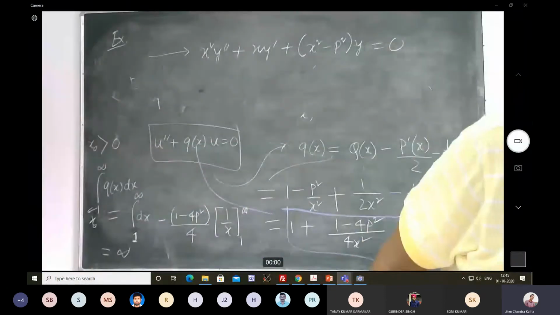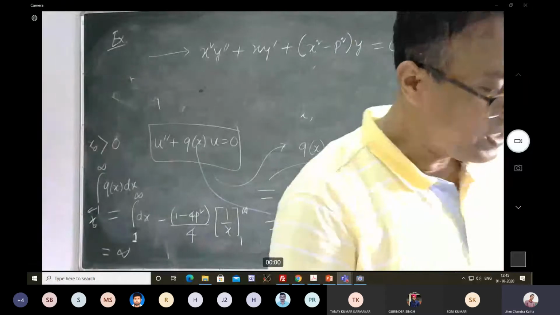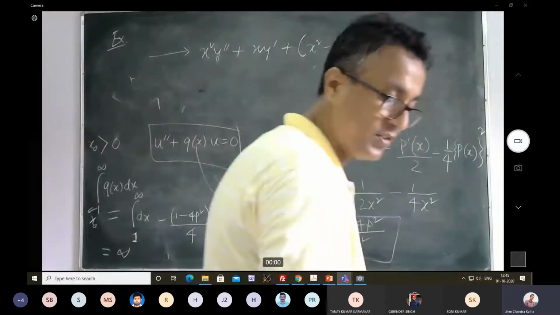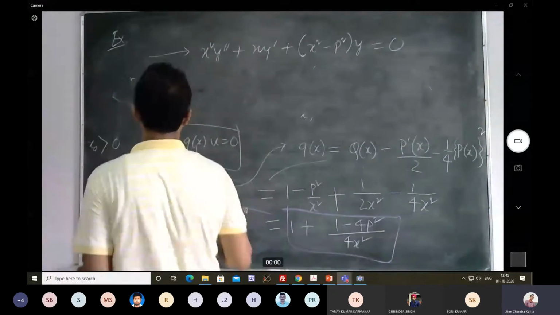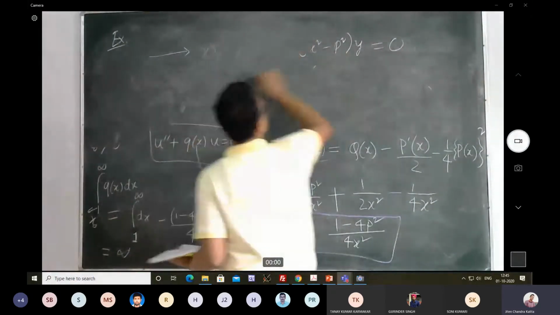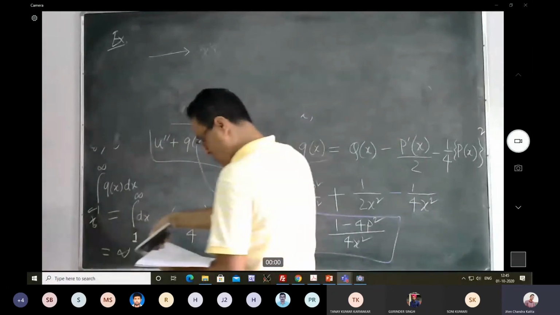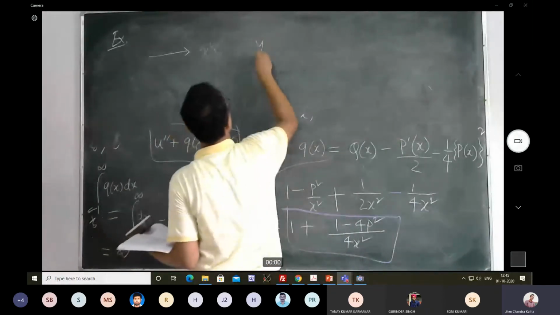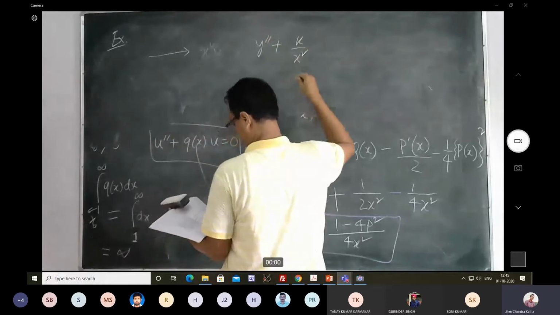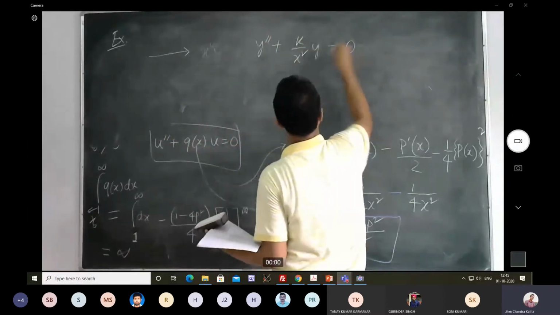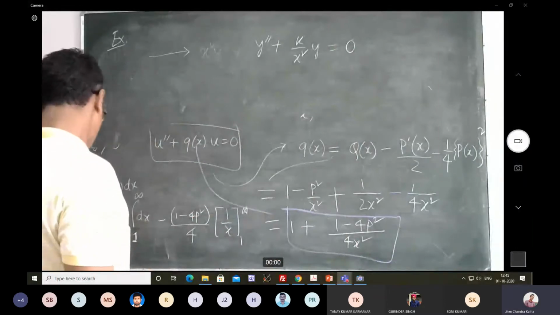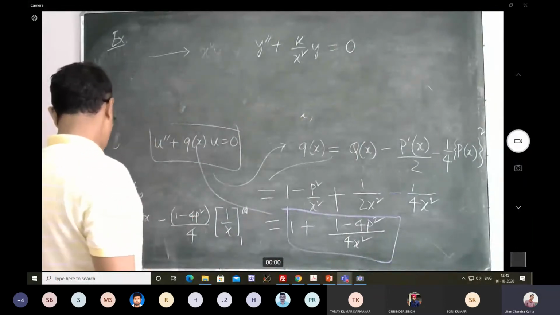So now this is a really interesting example, and this is related to the last exercise that I had told you yesterday. So now I am considering this equation.